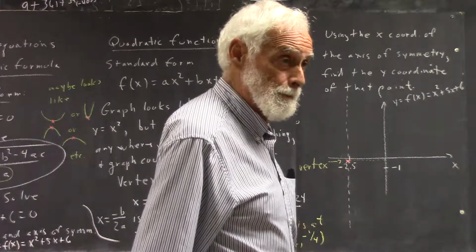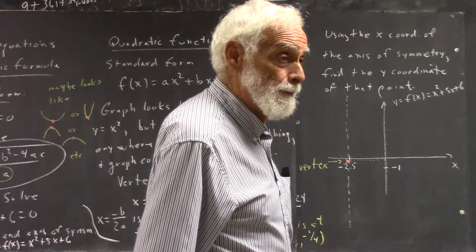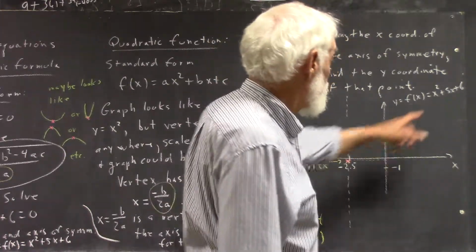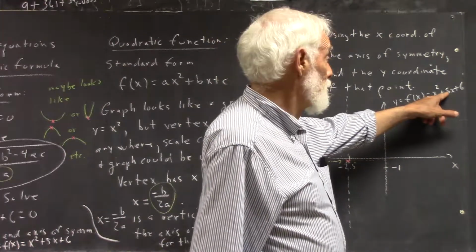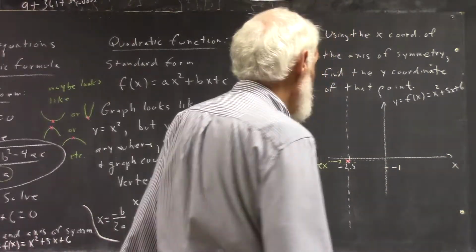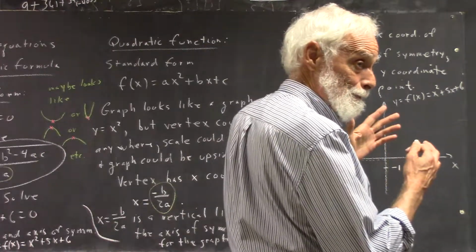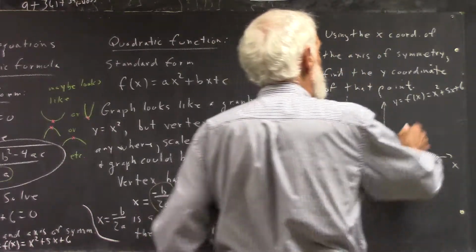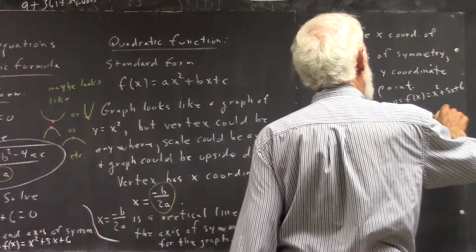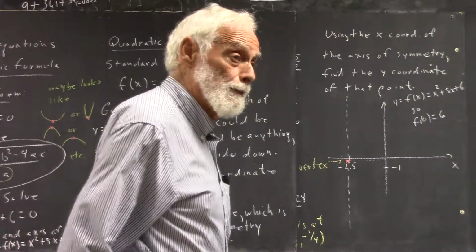There's an easier one. 0. If x is 0, this is 0, this is 0, and you got 6, and there it is, and that's all you have to do, right? That's the y-intercept. Okay? So f of 0 is 6.